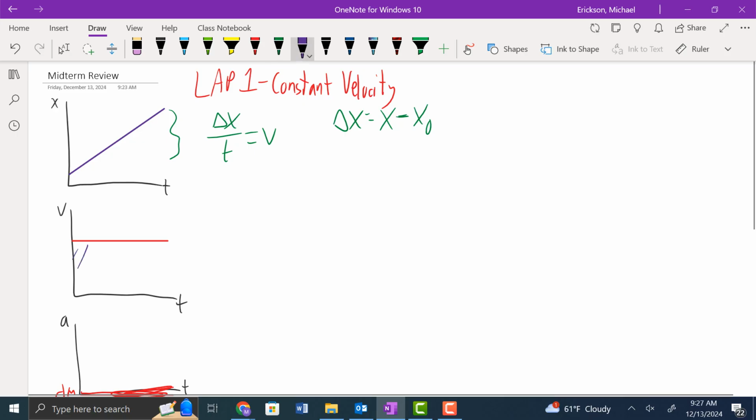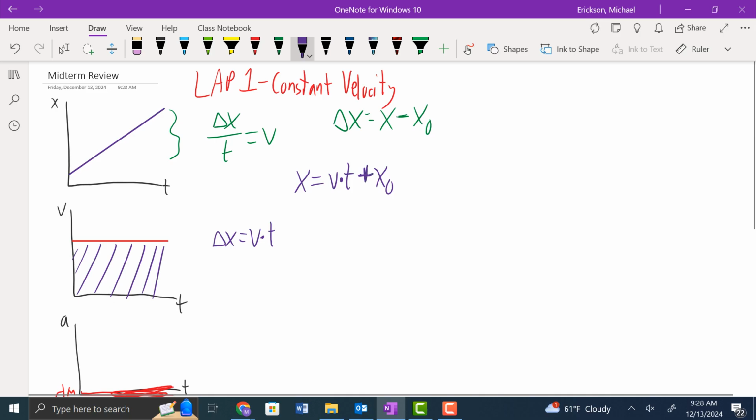If you take the area underneath this graph, area gets you delta x, and the area is calculated by multiplying the height by the width, velocity times time. Now, it might be a little hard to see, but these are actually the same equations. Essentially, I'll write it out as this: final x will be equal to velocity times time plus x initial.